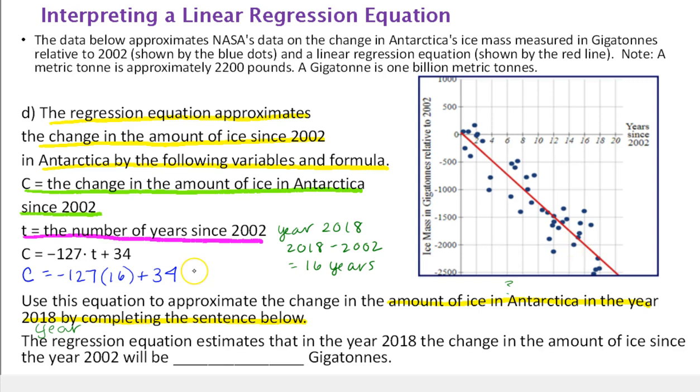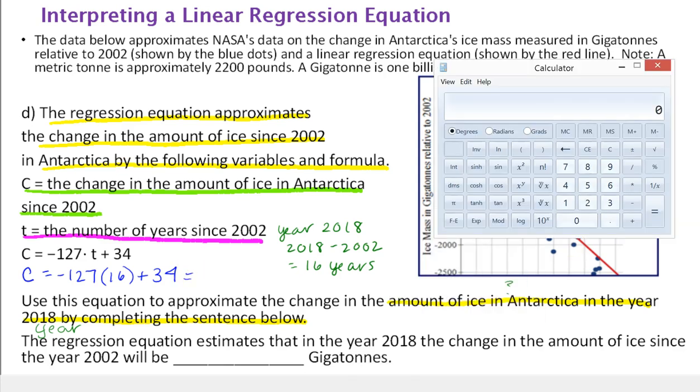Okay, so now let's compute this on the calculator. Okay, so I think that's a negative button, but I never use it. Here's what I'm going to do. I'm going to do 127 times 16. So that's negative 2032.